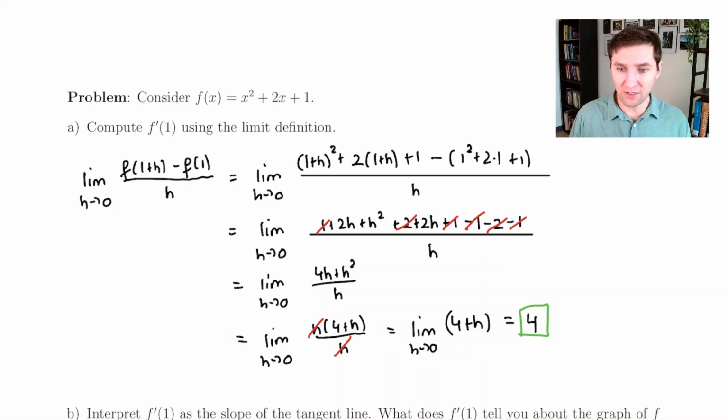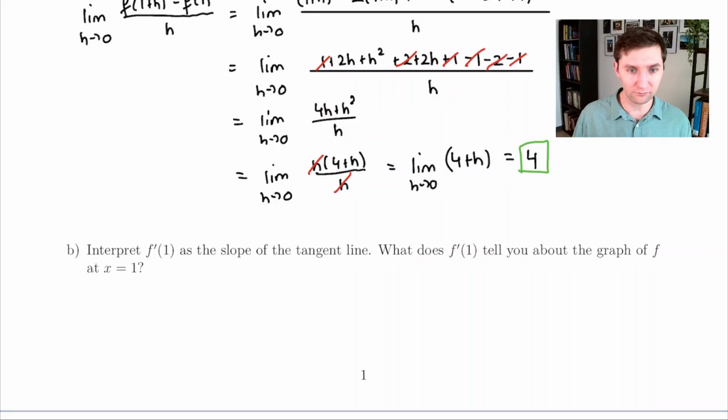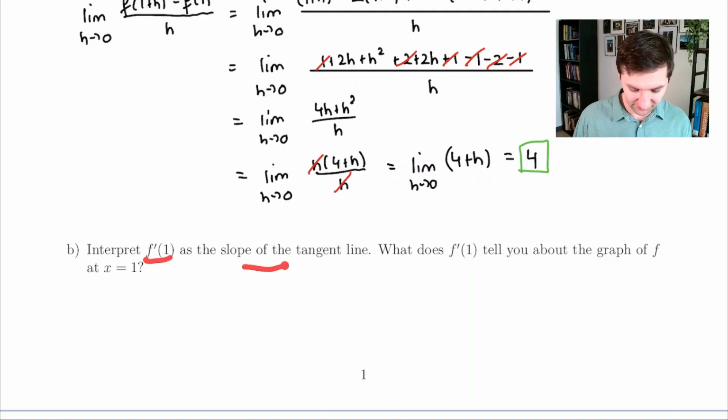What is the meaning of that number? We can understand this number in 2 different ways, using geometry and using physics. Let's start with geometry. We must interpret f prime of 1 as the slope of the tangent line, and then say what f prime of 1 tells us about the graph of f at x equal to 1.